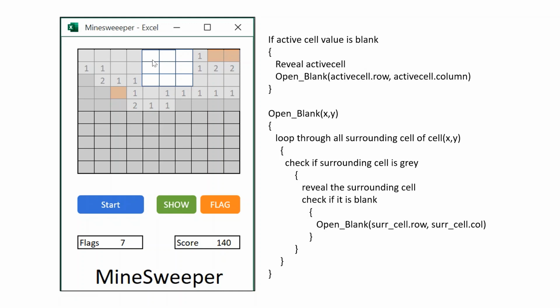If it is gray, it will reveal it. Then it will check if the value of the surrounding cell is blank. If it is blank, it will call the function again. So it will keep on repeating the function until it finds a condition where the cell value is not blank and where the surrounding cell is not gray.